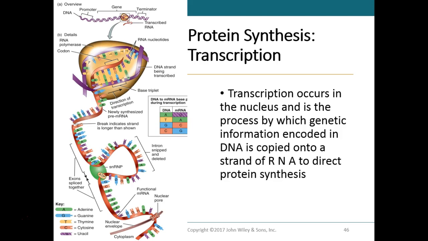Besides serving as the template for messenger RNA, DNA can also synthesize two other kinds of RNA, ribosomal RNA and transfer RNA. Confused yet? Don't be. We're going to figure all this out. So let's begin by looking at transcription.